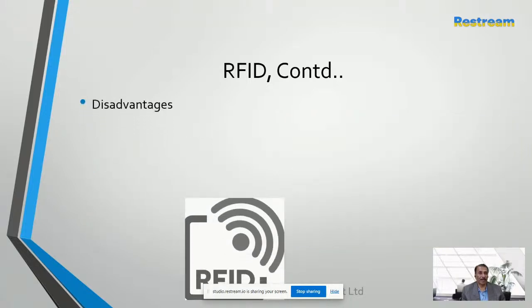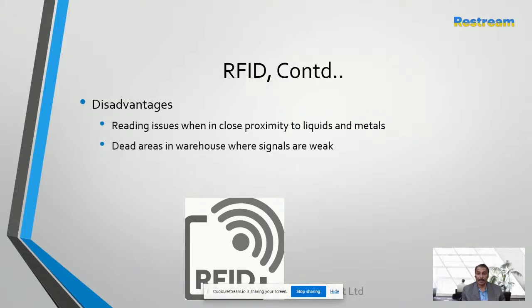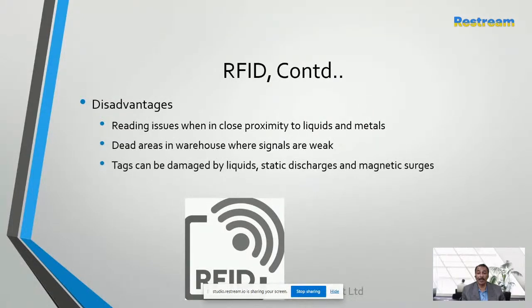And possibly this also comes with some disadvantage, but compared to the advantage, this may not be significant if you are going for it. Reading issue when in close proximity to liquids and metals. Dead areas in the warehouse where signals may be weak, so you may not be able to read the item.